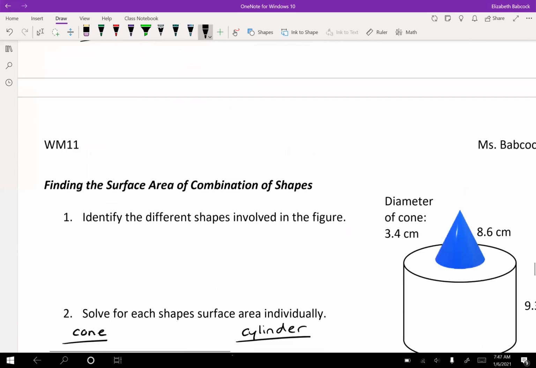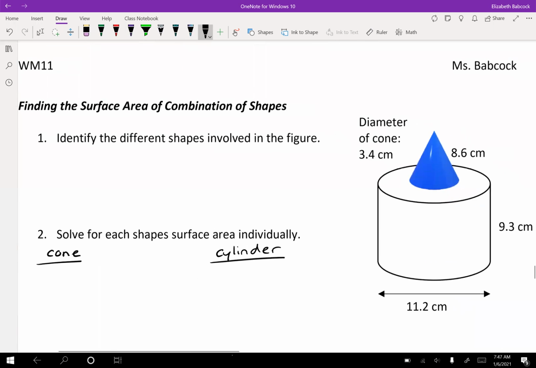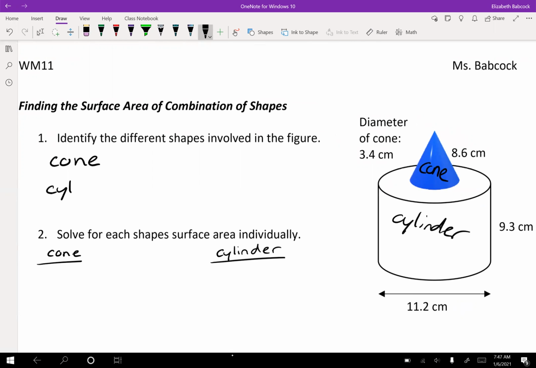Okay. Last part of this section is using multiple shapes combined together. First we need to identify the shapes. We have a cone and we have a cylinder. Remember your formula for a cone and your formula for a cylinder.